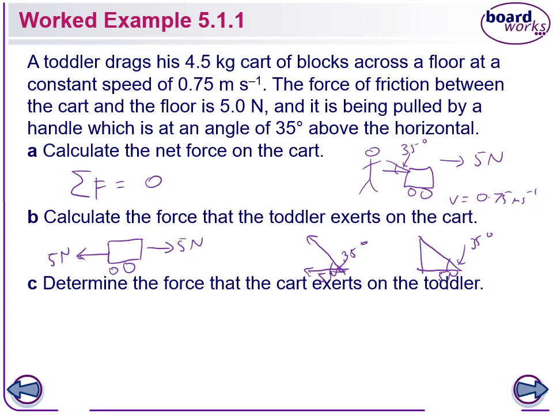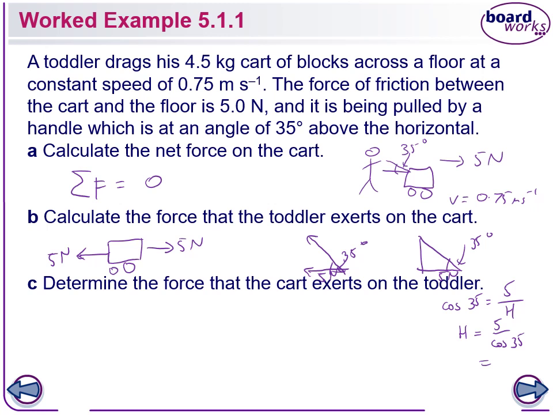From trigonometry, we've got our adjacent side and we want our hypotenuse, so we're using cos. The cos of 35 is equal to the adjacent on the hypotenuse. If we rearrange that, multiply both sides by h, divide both by cos 35, we get h is equal to 5 on cos 35, which should be 6.1, I think.